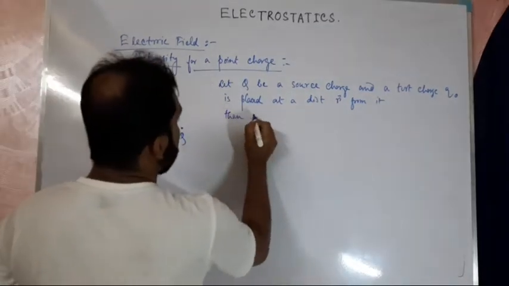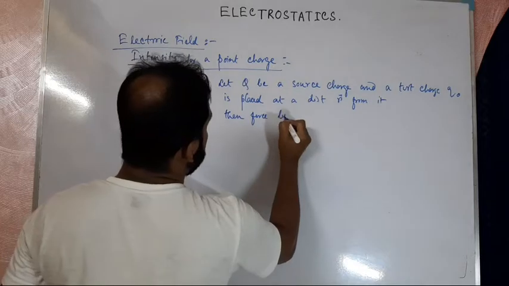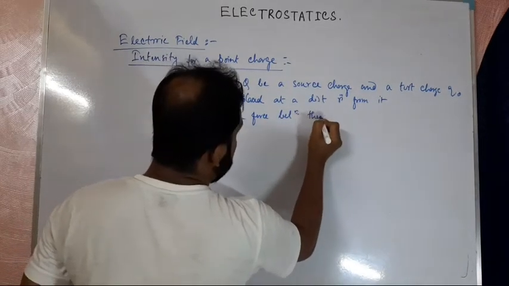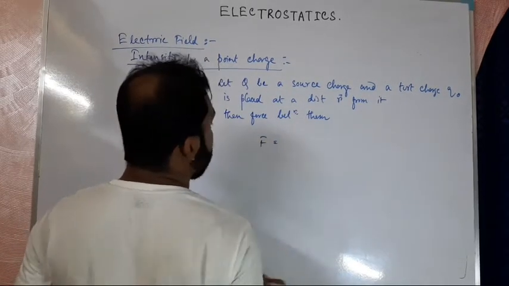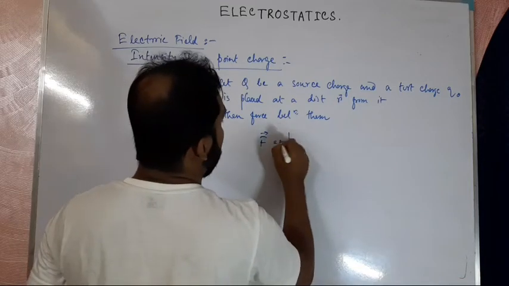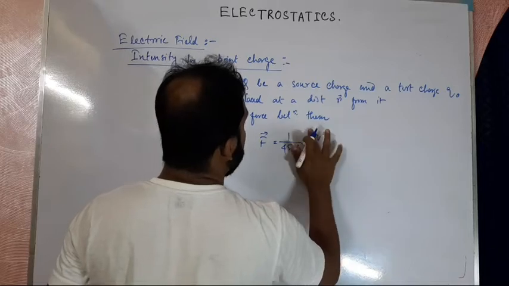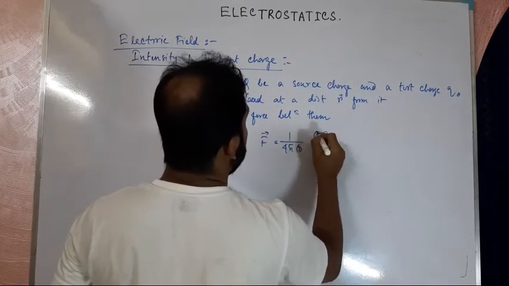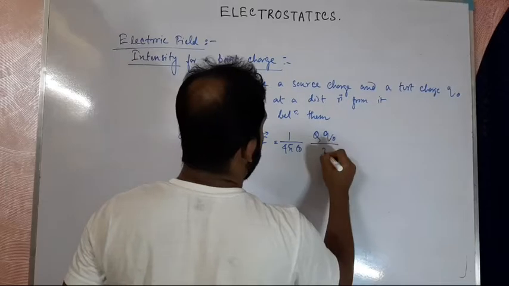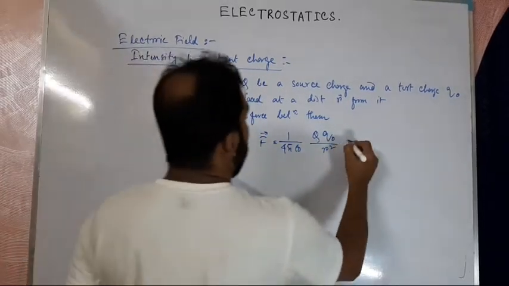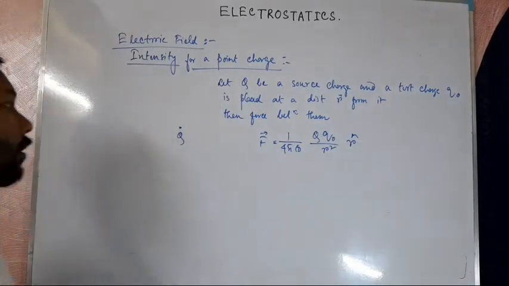Then the force between them will be F equals 1 by 4 pi epsilon naught Q Q naught by r square. Since both are positive, it is along r cap.